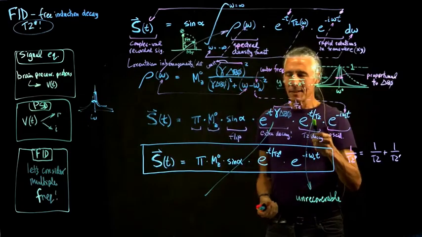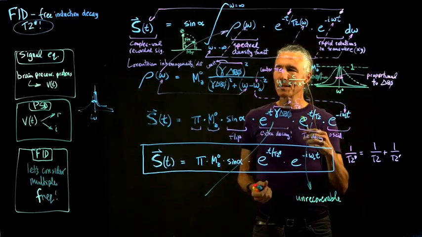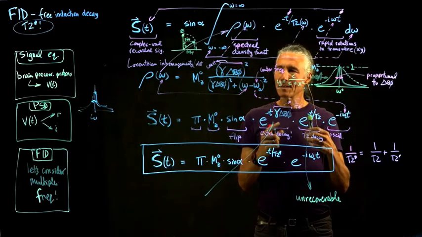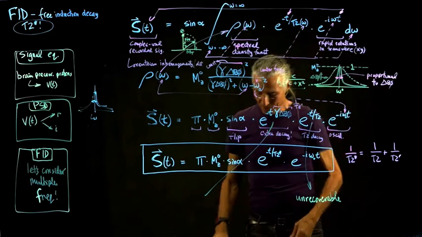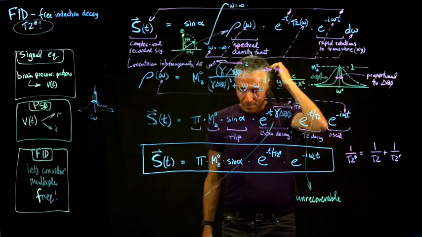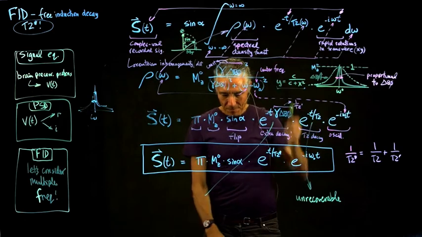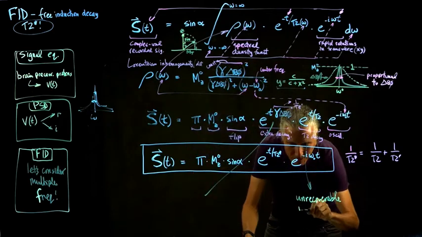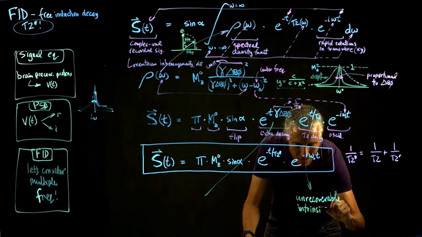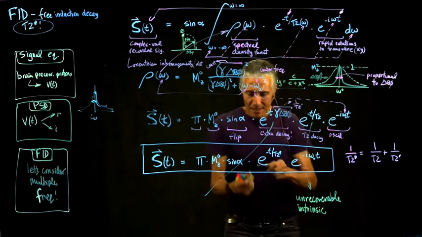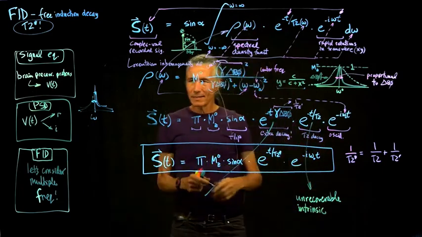That's what's causing the T2, is just all these interactions between these very rapidly precessing protons. So this is intrinsic. It's an intrinsic decay in the coherence of the magnetization.